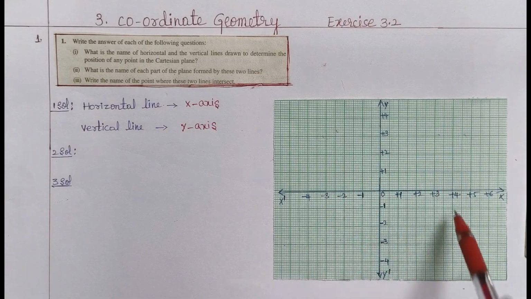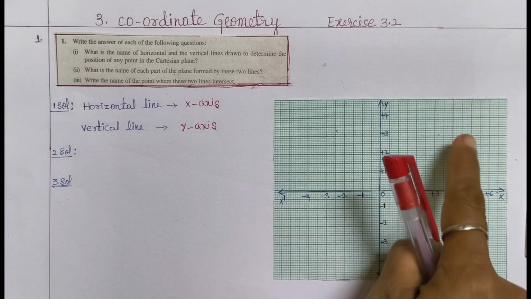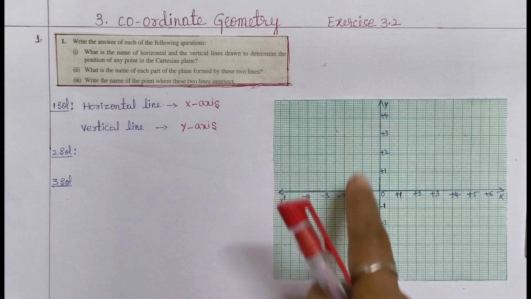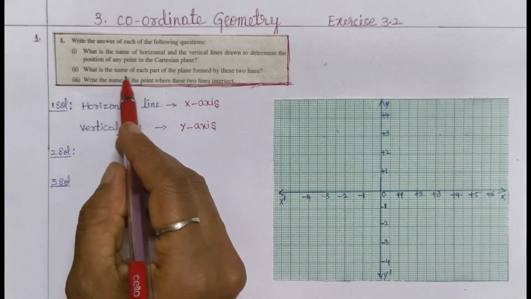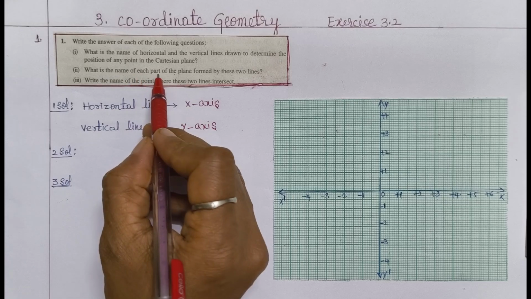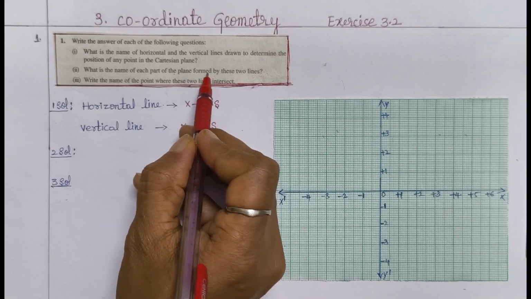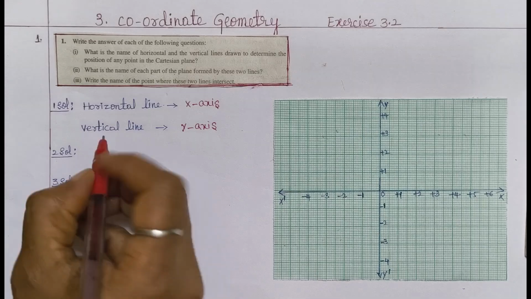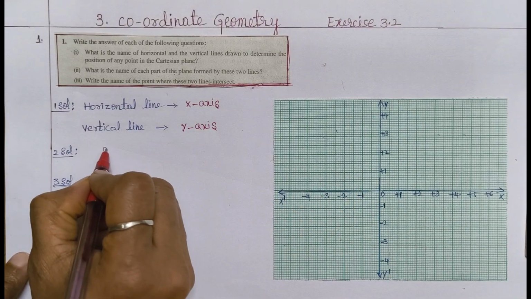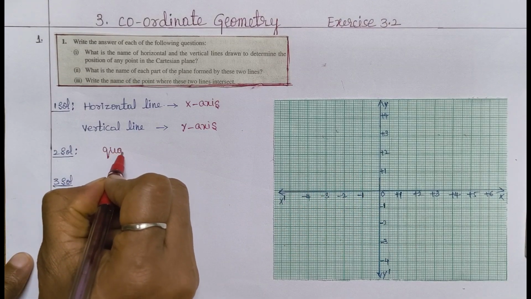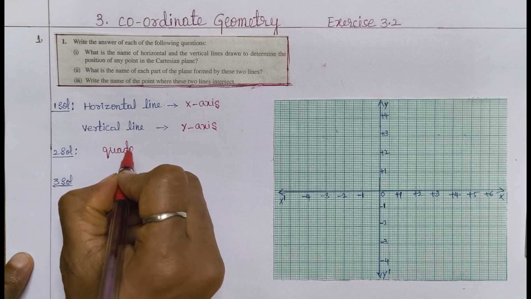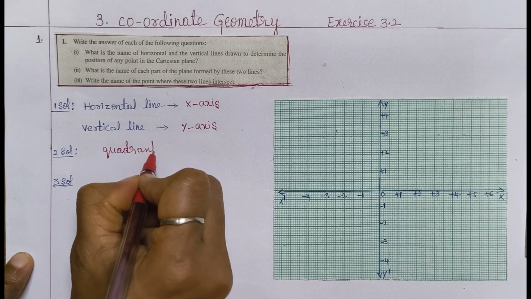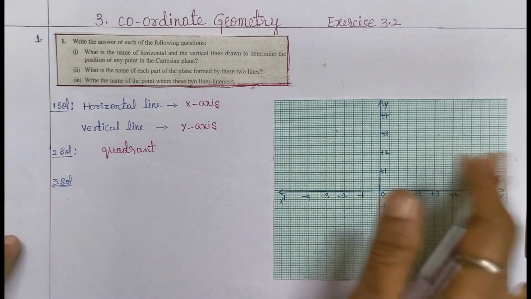These are called quadrants: first, second, third, fourth quadrants. You are asked only for the name of each part of the plane formed by these two lines. The second answer is quadrant. This part is called a quadrant.